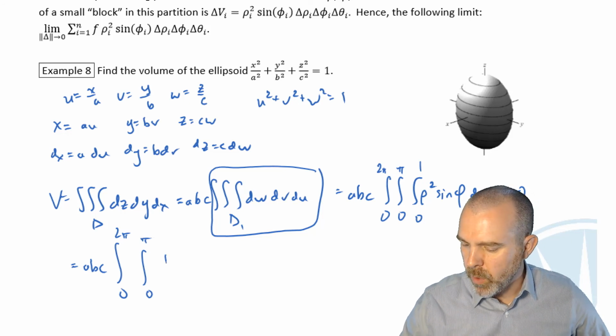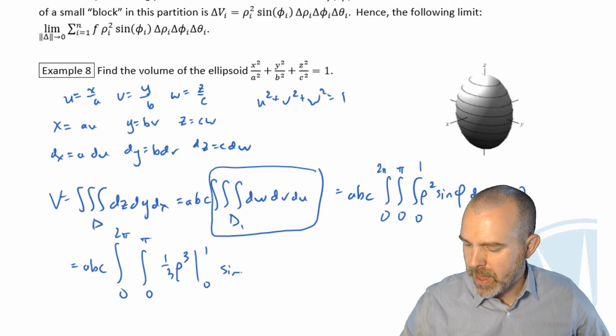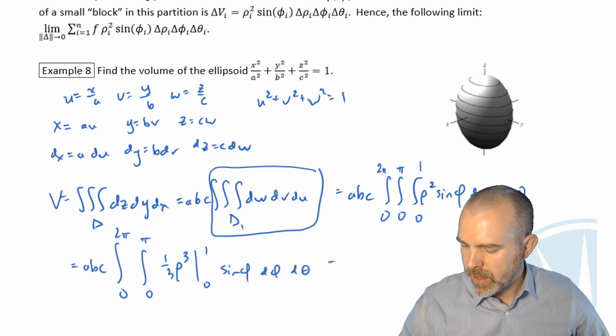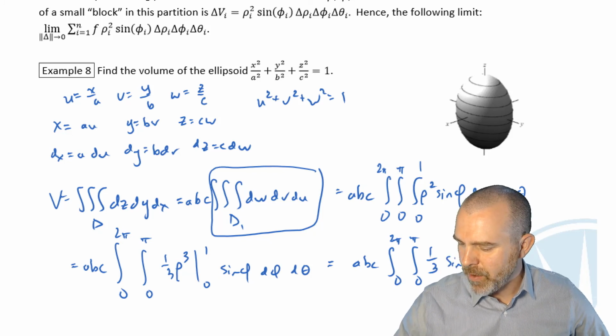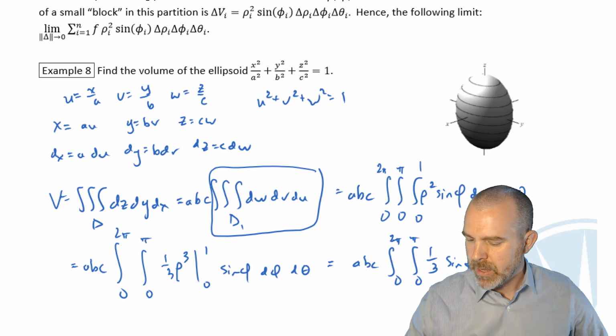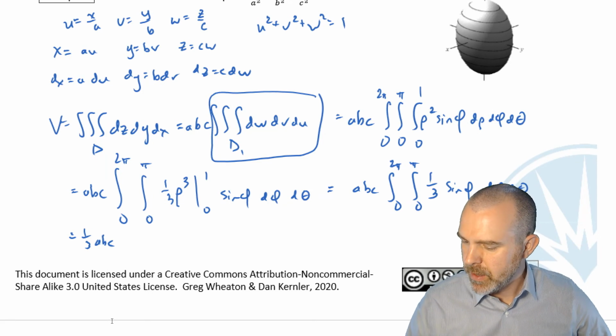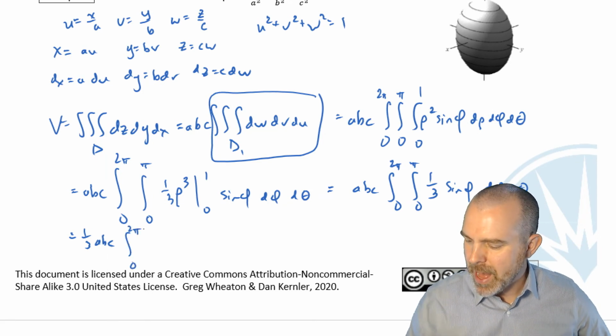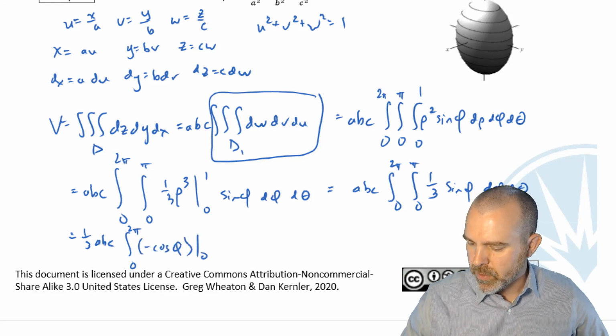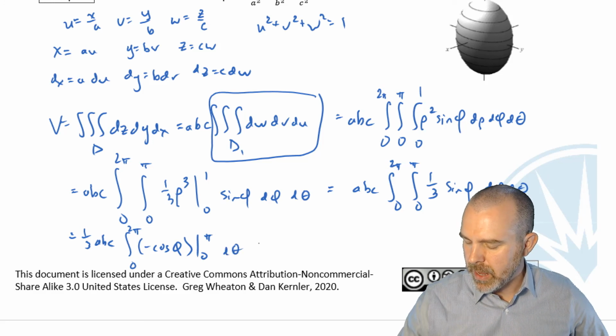We're integrating rho first, so we get 1/3 rho cubed from 0 to 1, and then the sine phi d theta. We have a, b, c, integral from 0 to 2 pi, integral from 0 to pi, of 1/3 times sine phi d phi d theta. We can pull the 1/3 a, b, c out in front. Integral from 0 to 2 pi, and then we're just integrating sine phi d phi, so that's negative cosine phi from 0 to pi d theta.